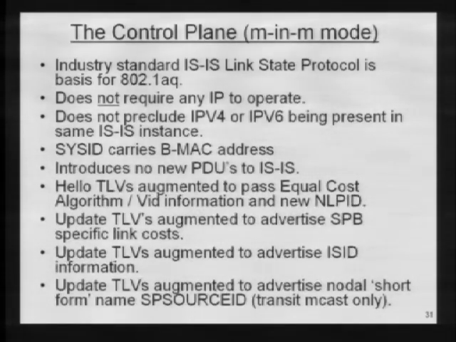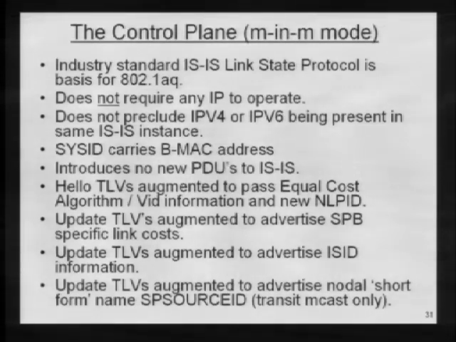Very quickly, some of the TLV data that's added: in the hello protocol, we add information about what ECMP behaviors, what equal cost behaviors we're using. We have a new network layer protocol identifier specifically for SPB, and for the link costs, we have a parallel set of link costs which are advertised specifically for SPB, which allows us to have different link costs.